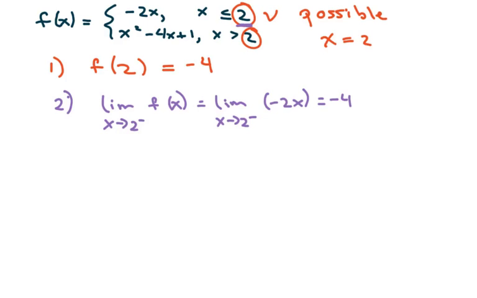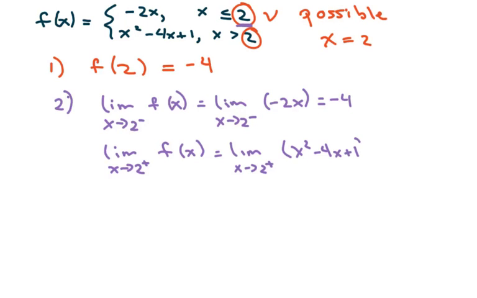These are all numbers less than 2. And then we're also going to do the limit as x approaches 2 from the right side. That's going to be x squared minus 4x plus 1, and that equals -3.